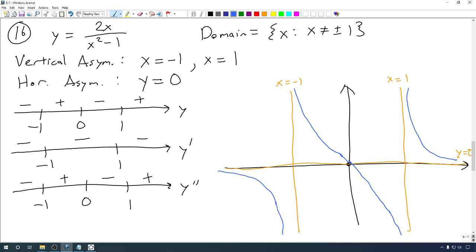Because, for instance, if it's positive from -1 to 0, maybe it's coming from that positive infinity, but then it can kind of just do something like that. Maybe we can't tell it doesn't do something like that until we take a look at the first derivative. So you can't always tell exactly what's going on until you have all these pieces of information.